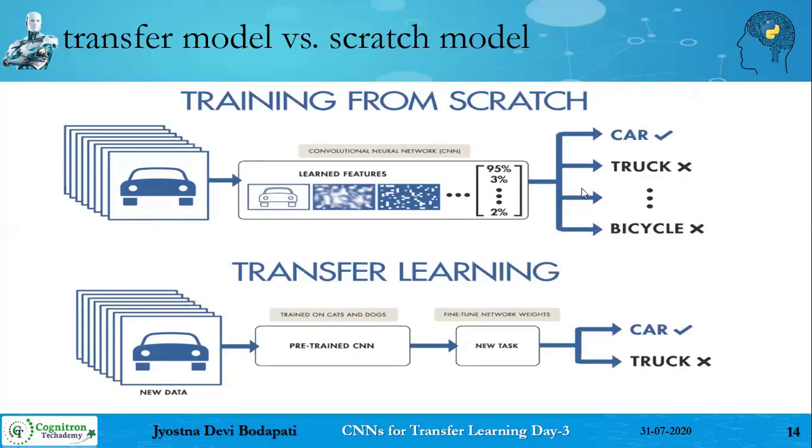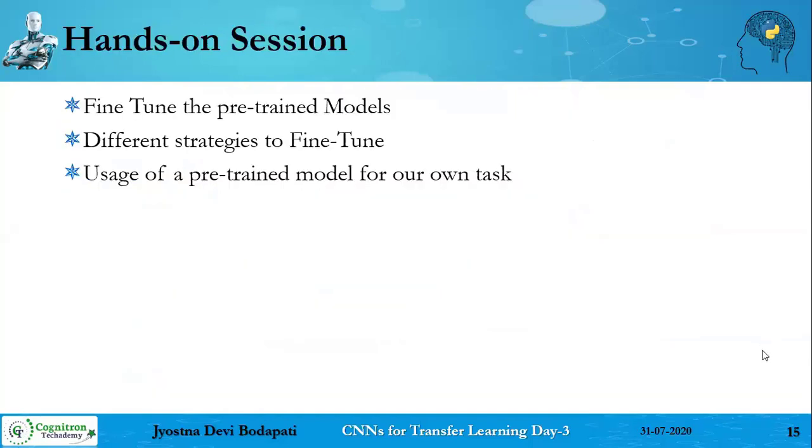Here it was 1,000 neurons when VGG16 was used, but now I have only 2 neurons because my task is classification of car or truck. Whereas the VGG16 model was designed to predict one of the 1,000 ImageNet classes. So that is how you can make use of your pre-trained model for your own task. Now let's proceed to the hands-on session.